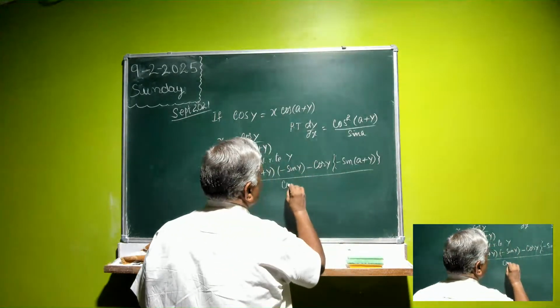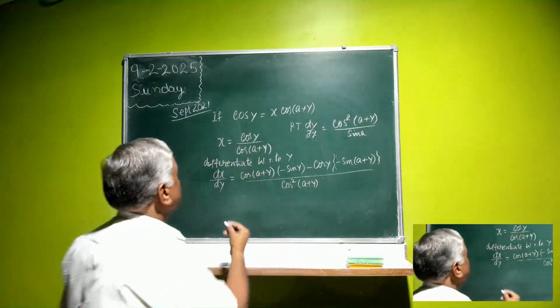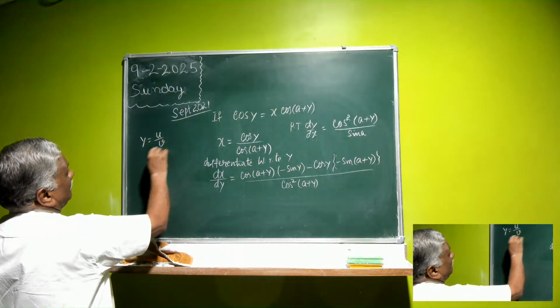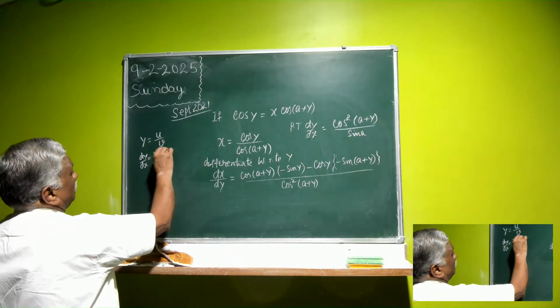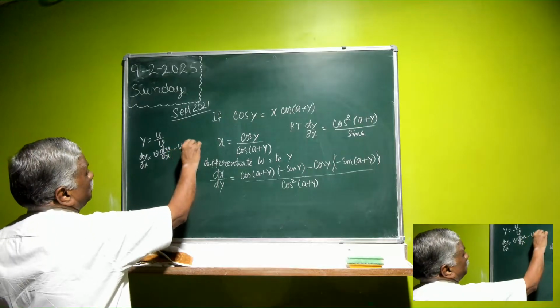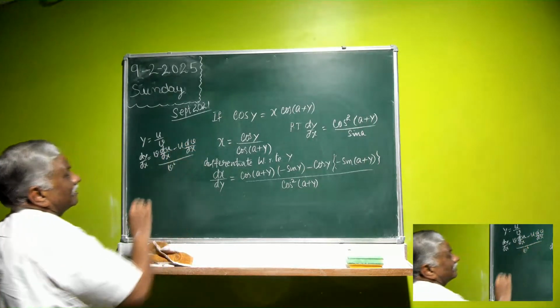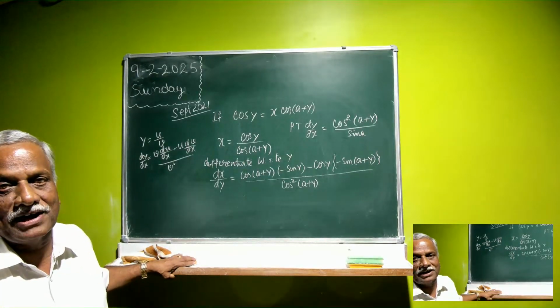I am using the quotient rule. Let me recall that rule. If y is equal to u by v, dy by dx is equal to v into du by dx minus u into dv by dx divided by v square. Here it is not du by dx, it is du by dy.